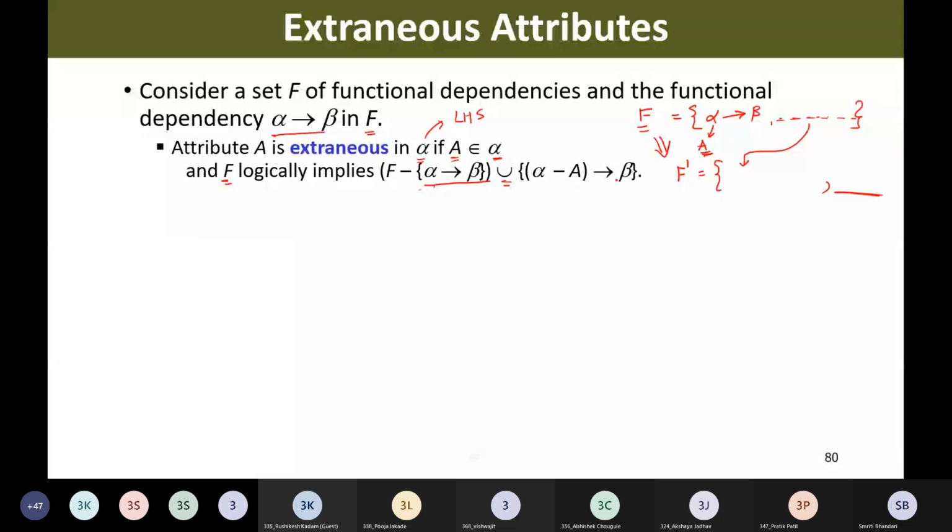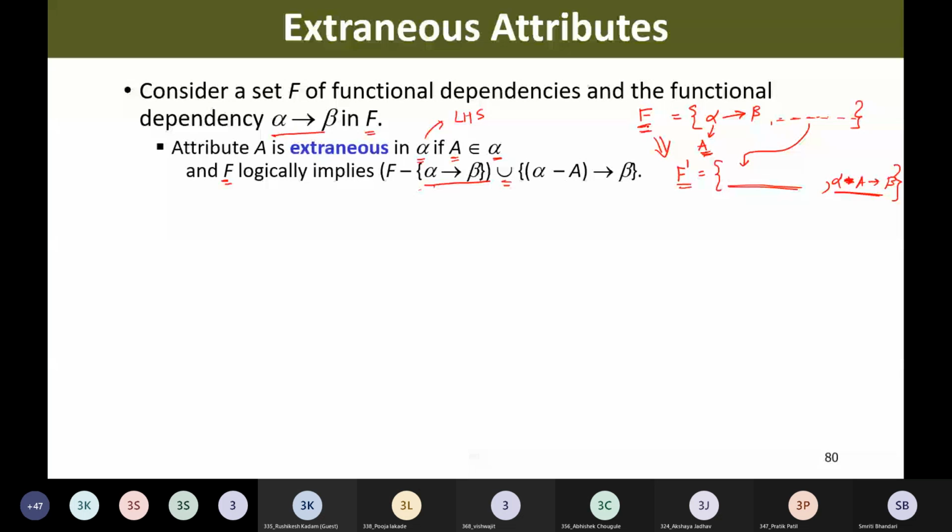And if my original set F logically implies this new set F dash, then we declare that this attribute A is extra in the left hand side of the functional dependency. We are going to look at one example so that the idea gets clear.